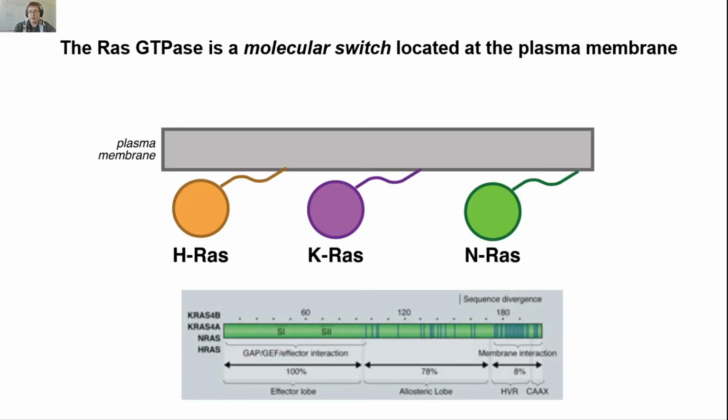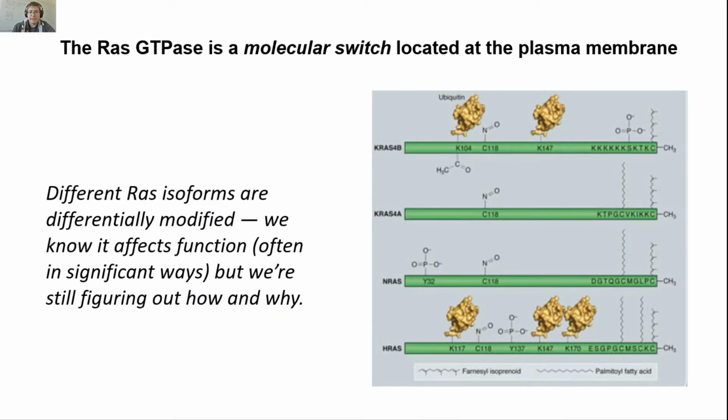And something that's interesting about Ras is that for most of the lectures, we're going to talk about Ras generally, but there are many different isoforms of Ras. For example, HRAS, KRAS, and NRAS. And one of the interesting things about these different isoforms of Ras is that the core GTPase component is highly conserved, but these C termini of the different isoforms are actually rather divergent. And so different Ras isoforms can end up being differentially modified.